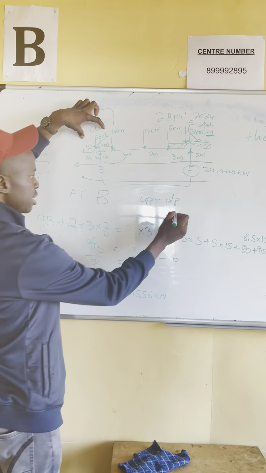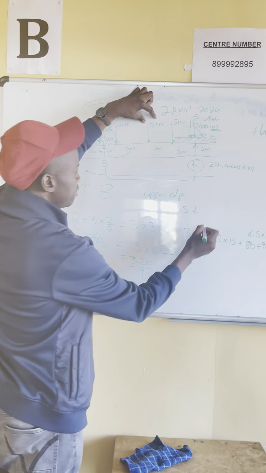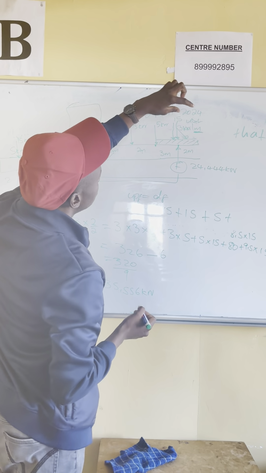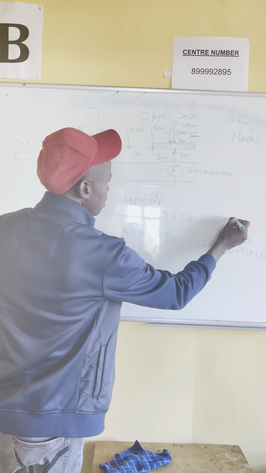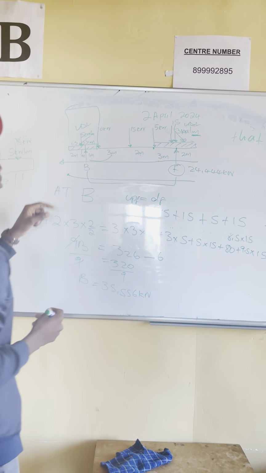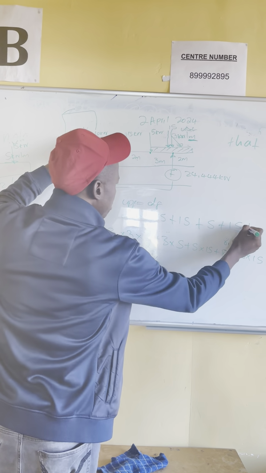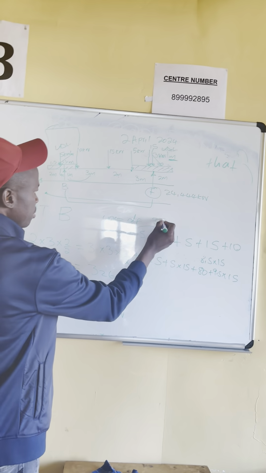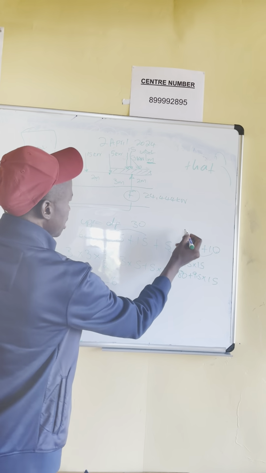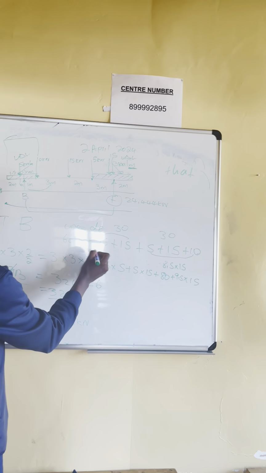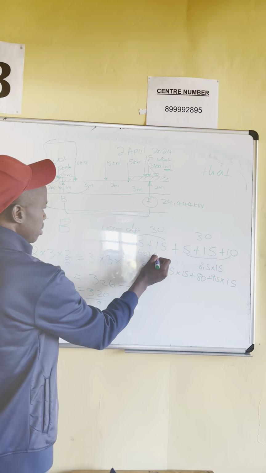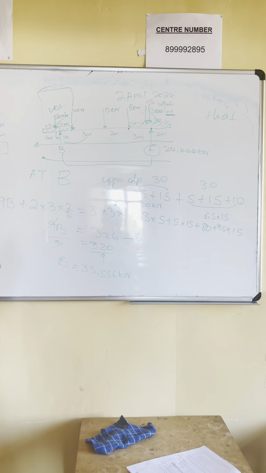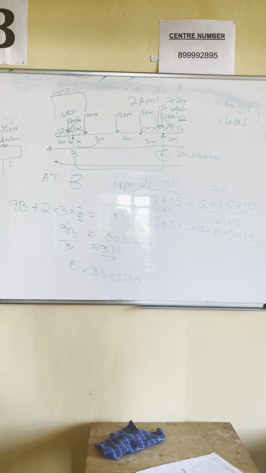We know it's 15 plus 15 plus 5 plus 15. So we have 10 again here, plus 10. So this one is 30, and then this one is 30. So now 60 kilonewton up is equal to 60 kilonewton down.